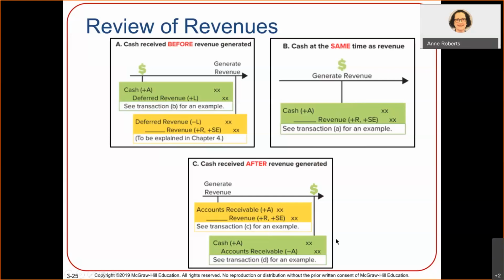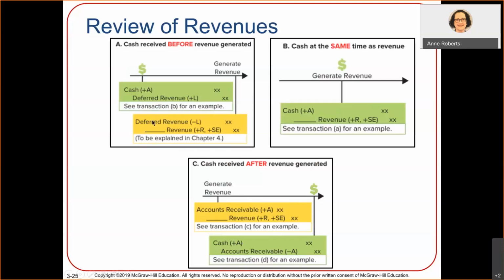Our customers use our product first, and then we bill them and we collect later. The customers use more product, we collect later. They use more, we collect later. So that's how those work.